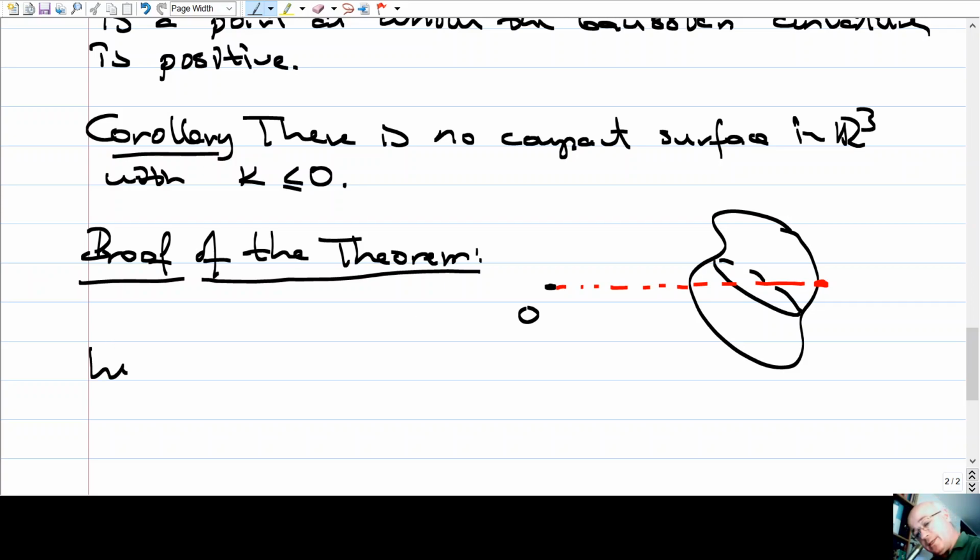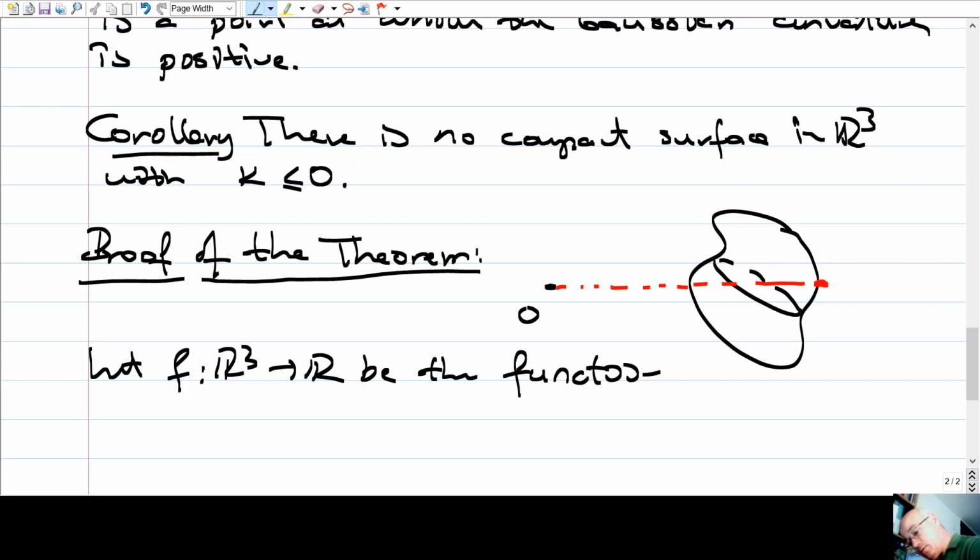Okay, so let f: R3 to R be the function given by f of p equals norm of p squared, so the square of the distance function.